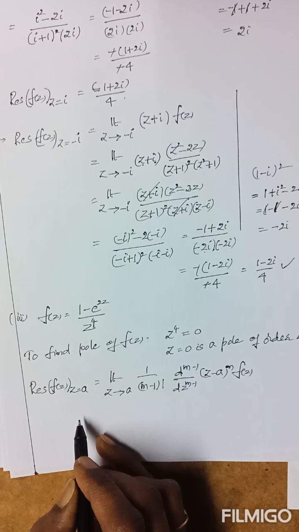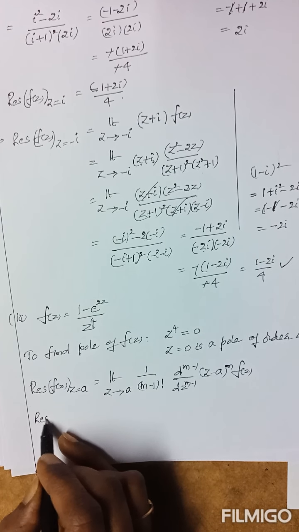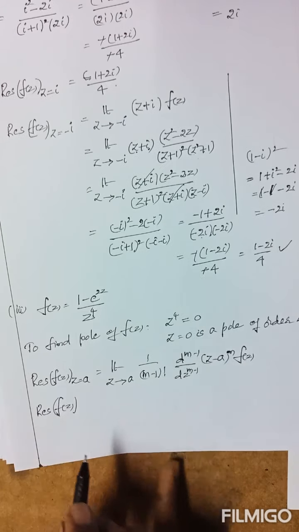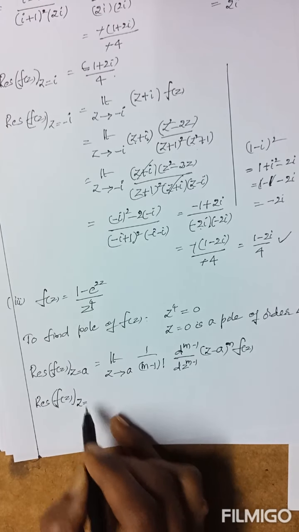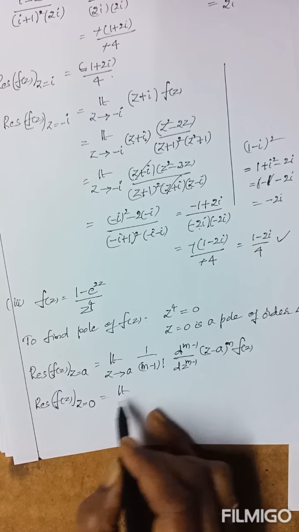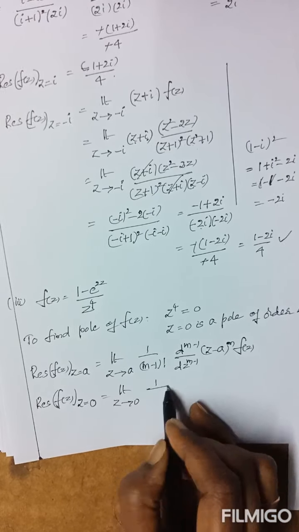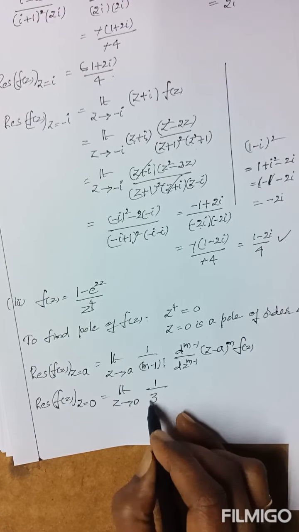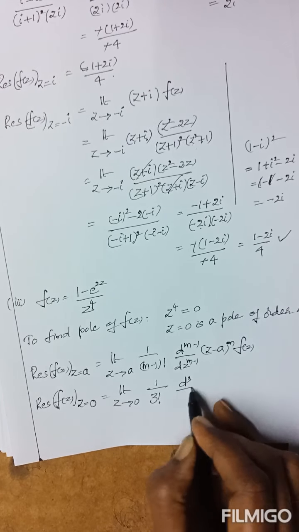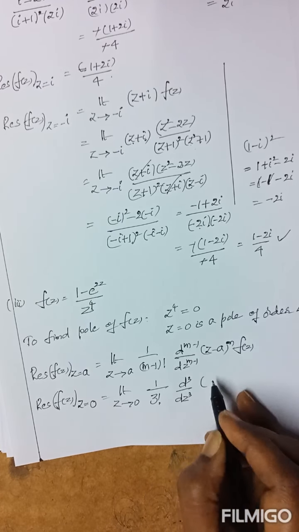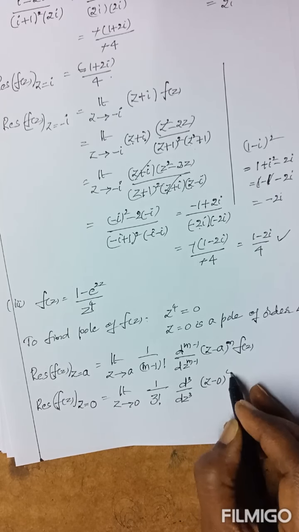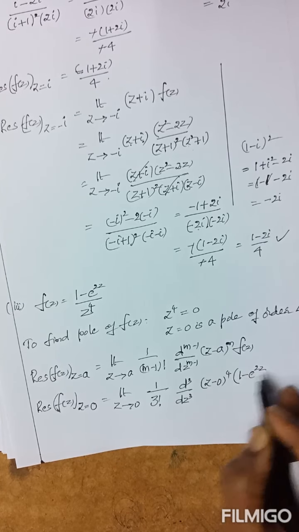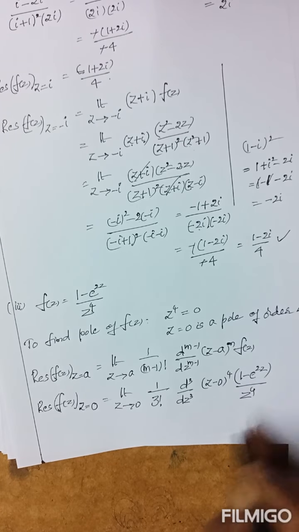As per this formula, residue of f of z at z equal to 0, the present pole is 0, limit of z tends to 0, 1 by (4 minus 1) factorial, that is 3 factorial, d cube by dz cube, z minus 0 whole power 4, f of z, where f of z is (1 minus e power 2z) by z power 4.